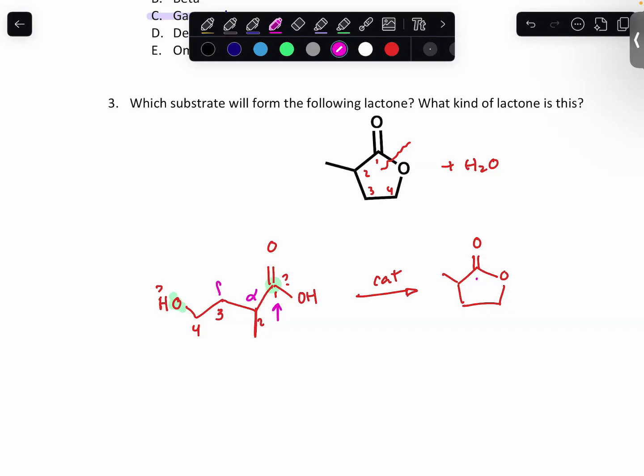Alpha. Yeah. Our alcohol is on the gamma carbon. And it closes it.